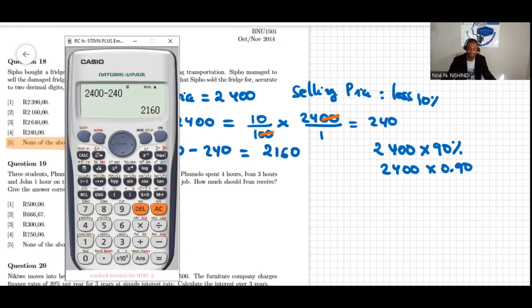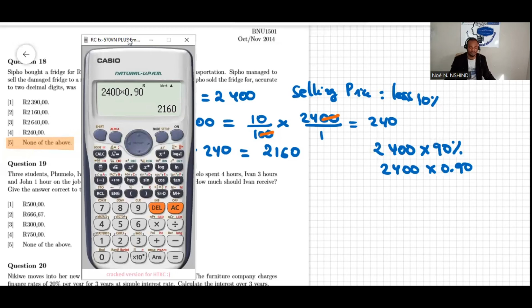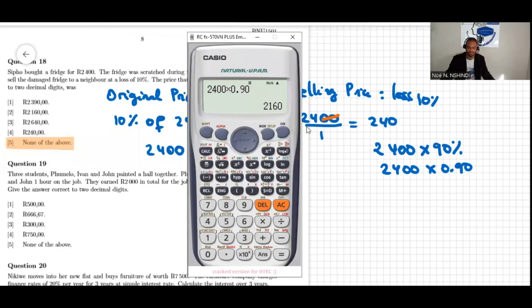If you check that one, we end up with the same answer. Check this out: 2,400 multiplied by 0.90 is equal to 2,160. So the correct alternative here is none of the above. That was question 18.